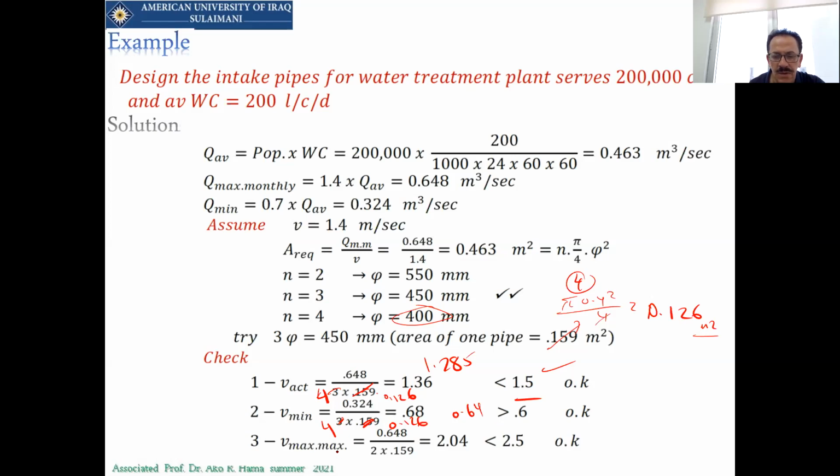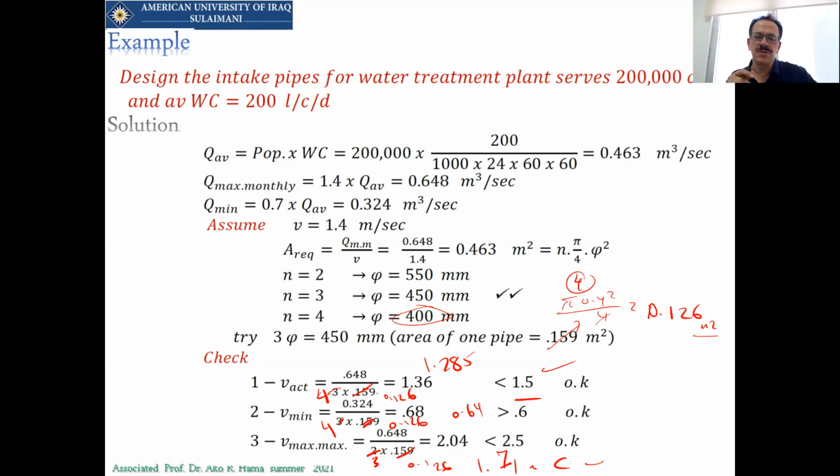Now with 3 pipes, the area is 0.126, so let's check 0.648 divided by 3 divided by 0.126. It's also about 1.7, which is okay for me. So 4 is okay, 3 is okay.